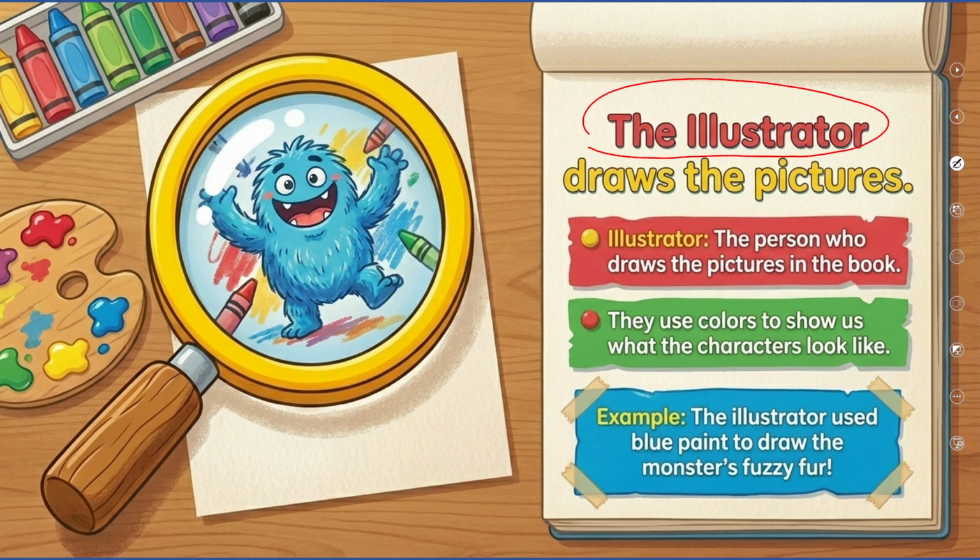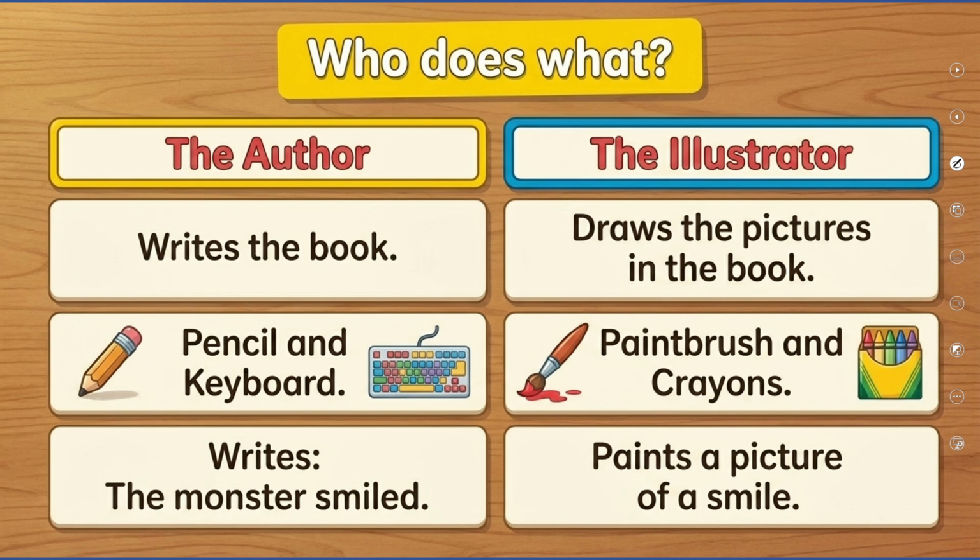Who is an illustrator? An illustrator is a person who draws the pictures. A few years earlier, there were no AI tools and people used to draw pictures for the books. But now we have a lot of AI tools out there, but still we have illustrators. An illustrator is a person who draws the pictures.